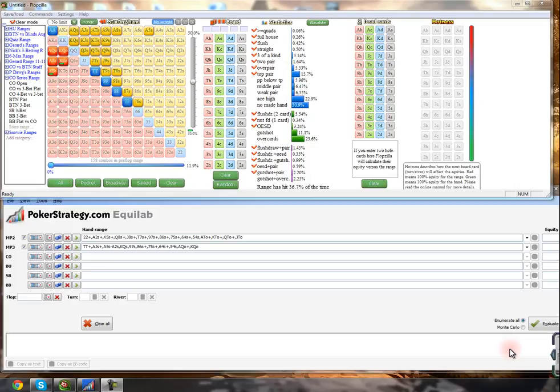Because, again, the big blind 3-betting range is more polarized. And it's good to be aware of that when we're actually playing, so we can have some idea of how often we're going to face the next barrel, or how often our opponent's going to check-call on the later street.